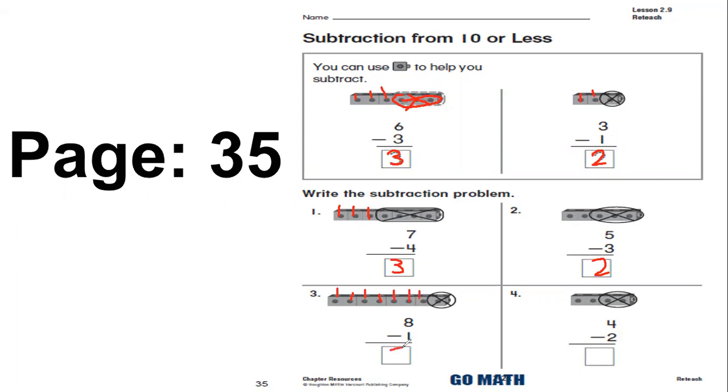So 8 minus 1 equals 7. Then we have 4 minus 2. That is 4 cubes. They have circled 2 cubes and crossed them out. So 4 minus 2 equals 2. There are 2 cubes remaining.